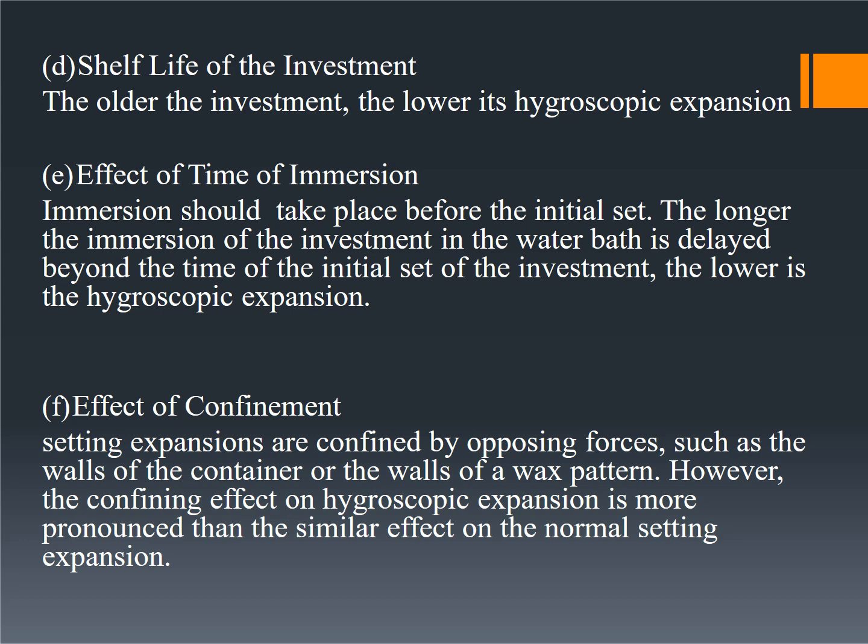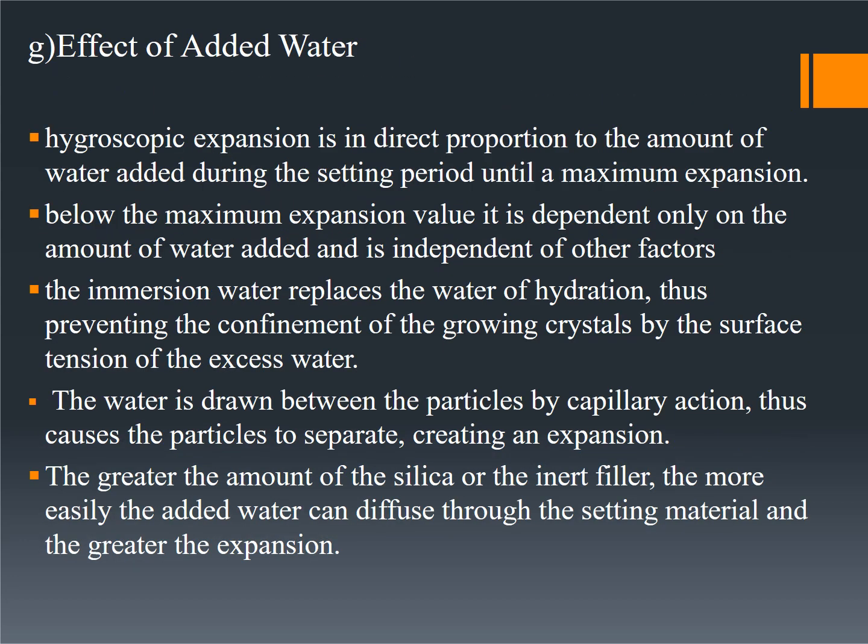Effect of added water. Hygroscopic expansion is in direct proportion to the amount of water added during the setting period until a maximum expansion. Below the maximum expansion value, it is dependent on the amount of water added and is independent of other factors.